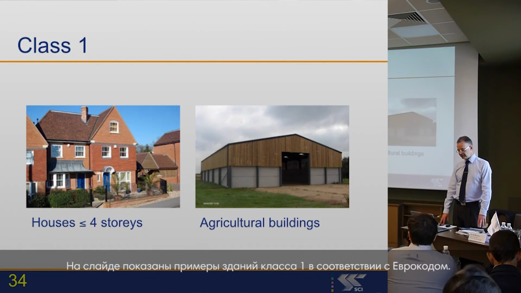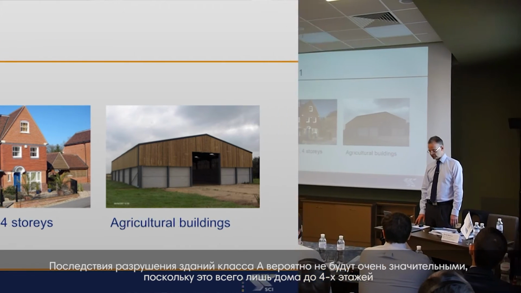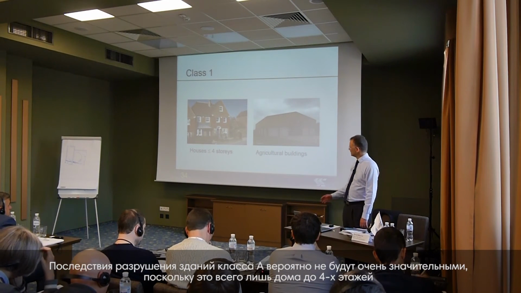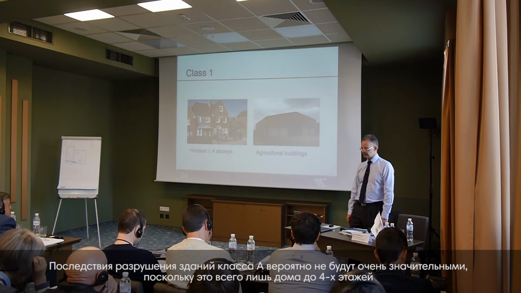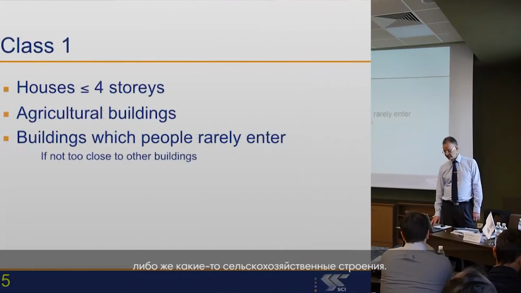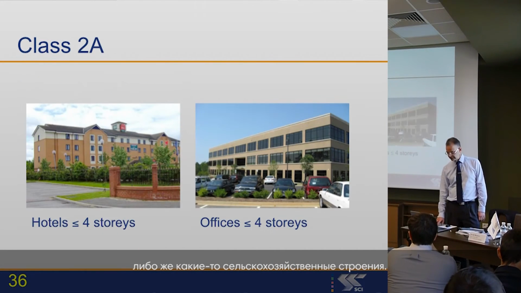In the Eurocode, these are examples of class 1 structures. So the consequence of collapse for a class 1 structure is perhaps not very significant. It's only a house, or it's only an agricultural building. So those are the rules which describe a class 1 structure.